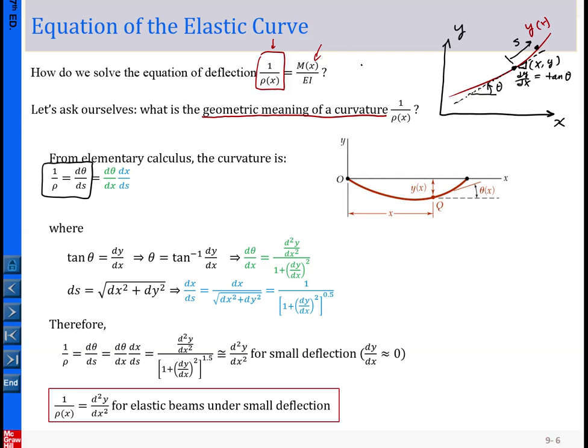Basically d theta/ds, I can describe as the multiplication of two terms. If you cancel dx, it is d theta/dx multiplied by dx/ds. Let me erase unnecessary information and keep this one here. Now d theta/dx, with a little more detailed calculation, can be described by this equation in green, and dx/ds, let me skip the detail.